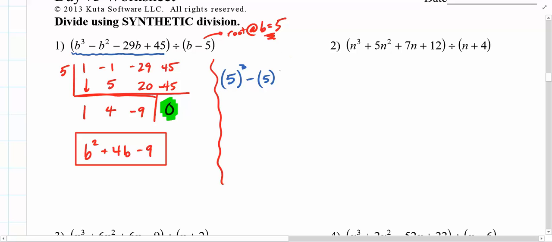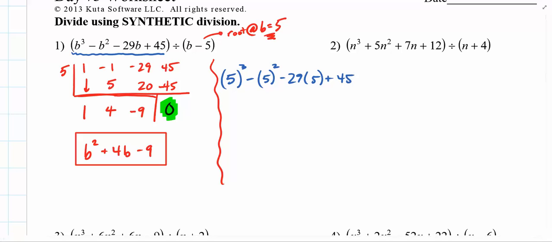So let me set this up. 5 cubed minus 5 squared minus 29 times 5 plus 45. And the result of this calculation will be equal to the remainder of this polynomial division. Now, we'd like to think that this will equal 0, but let's check that out.